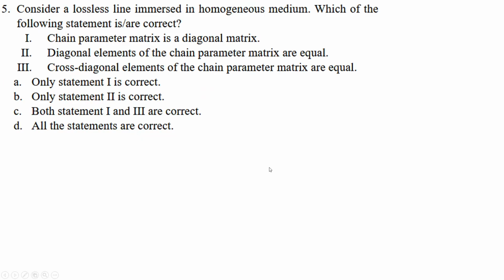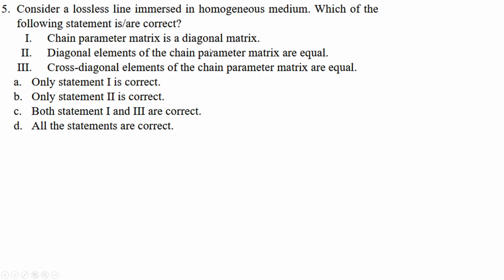Question number 5: consider a lossless line immersed in a homogeneous medium. Which of the following statements is or are correct? Statement 1: the chain parameter matrix is a diagonal matrix. Statement 2: diagonal elements of the chain parameter matrix are equal.